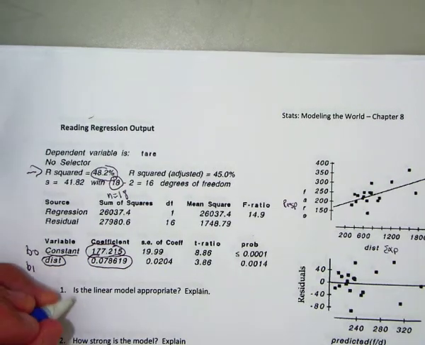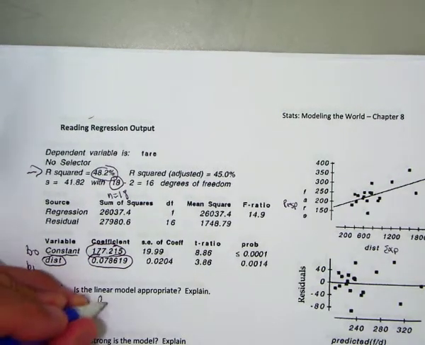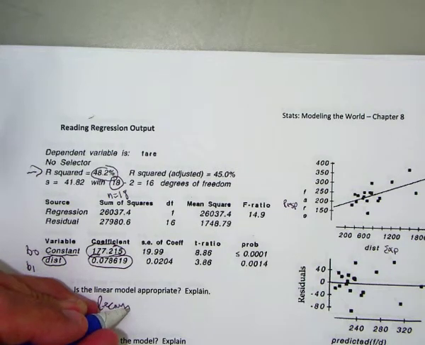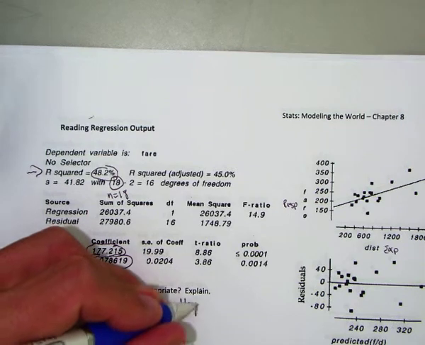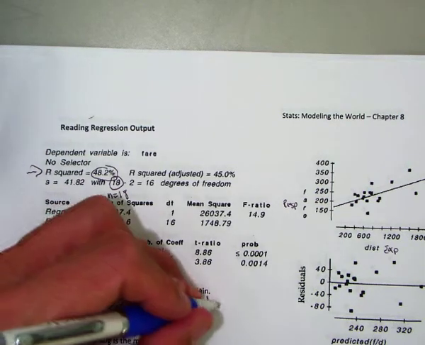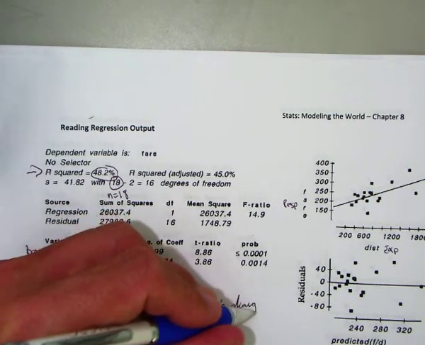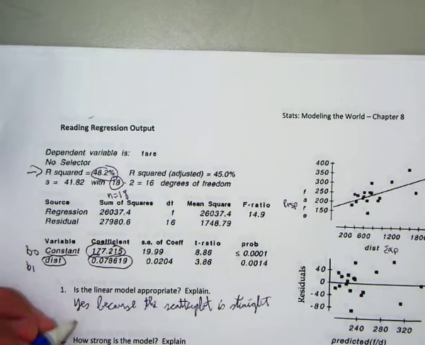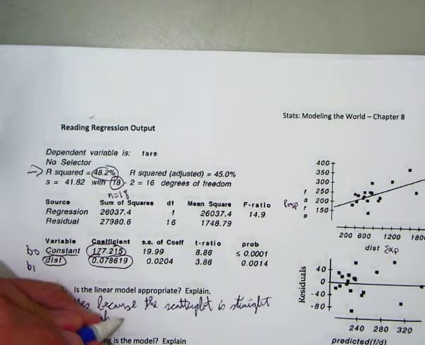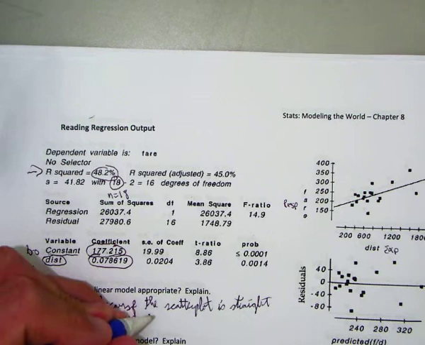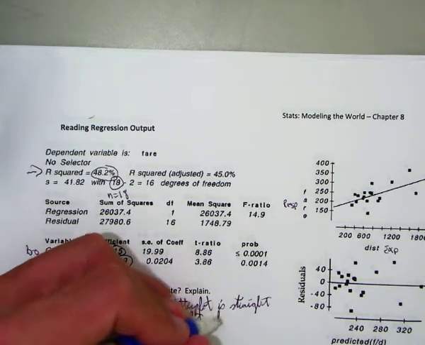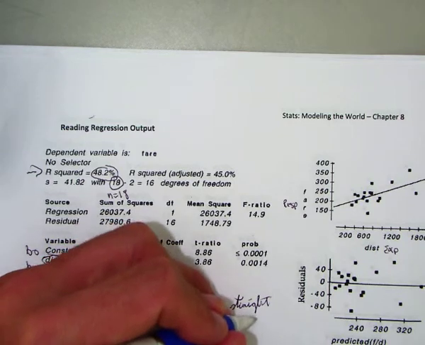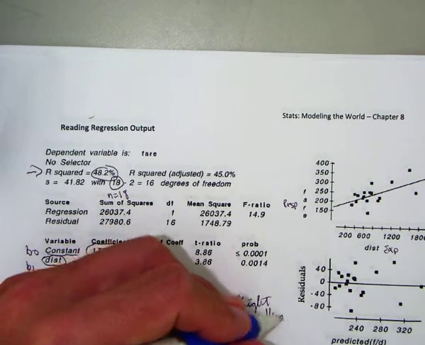So in this case, yes, because the scatter plot is straight enough, and the residual plot shows no pattern.